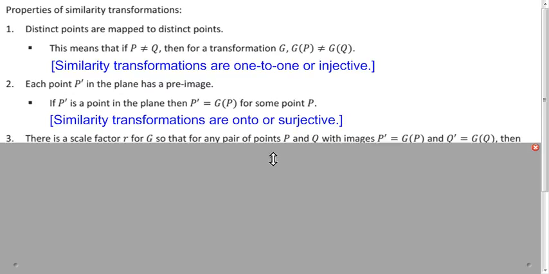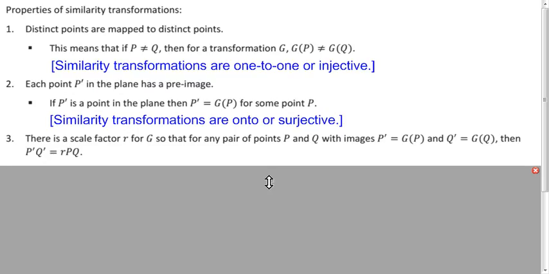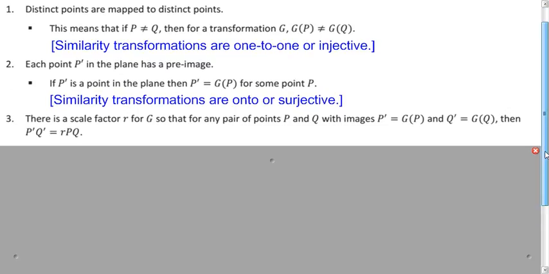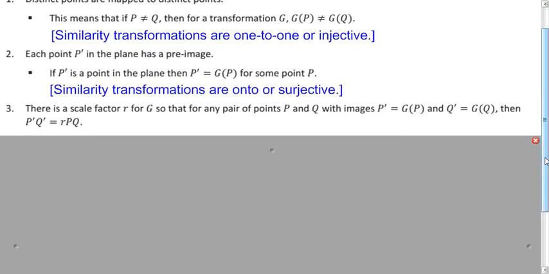And there's always a scale factor so that a pair of points with these images satisfies the property here. So you can always multiply the original length by the scale factor, and that will give you the length of the image segment.